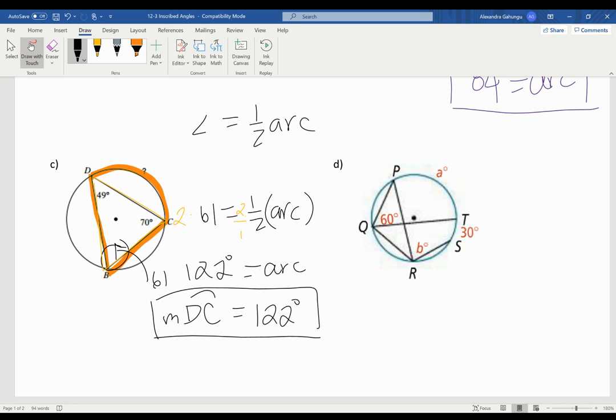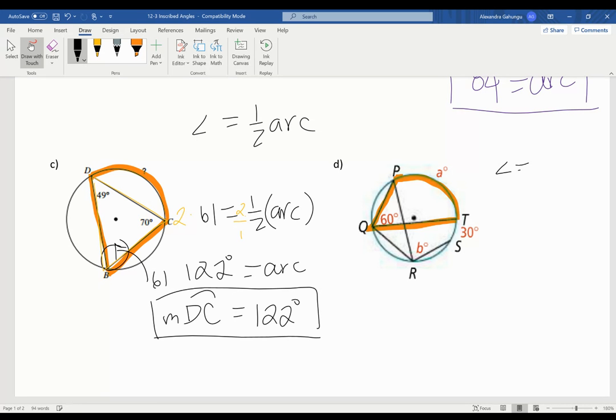We need both A and B. So I want to connect A, arc PT, with the inscribed angle. So the intercepted arc PT comes from, and I follow that line and that line. So it looks like it's related to angle PQT.